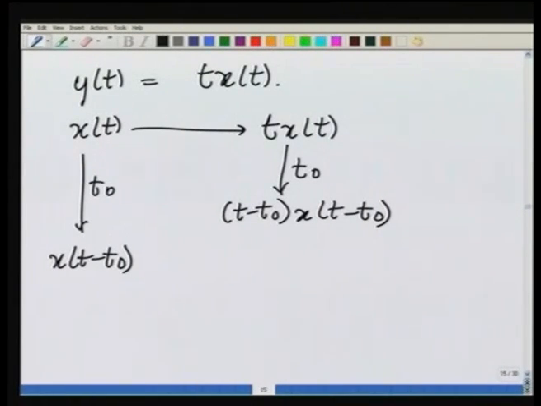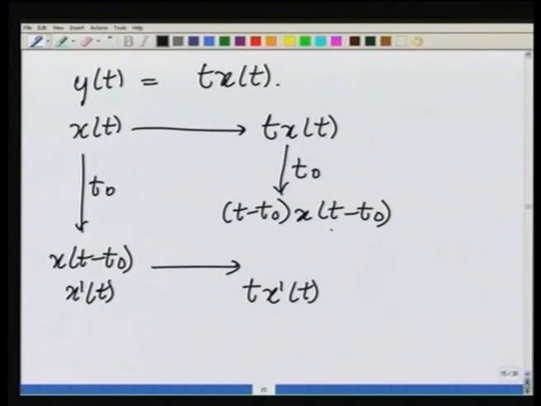On the other hand, if we apply the time shift to x(t) directly, we get x(t minus t naught). This is just some other signal, you could call it x dash(t) if you liked. Now, if x dash(t), or x(t minus t naught), is subjected to the system, we ought to get t x dash(t), because that is what the system does.